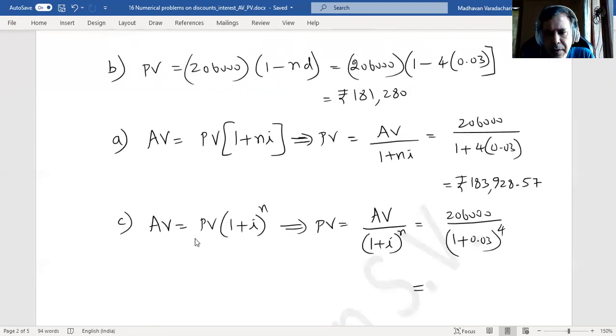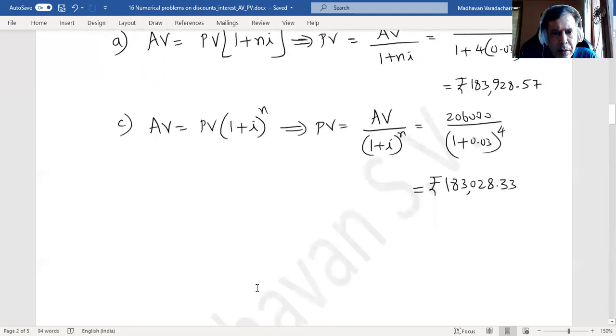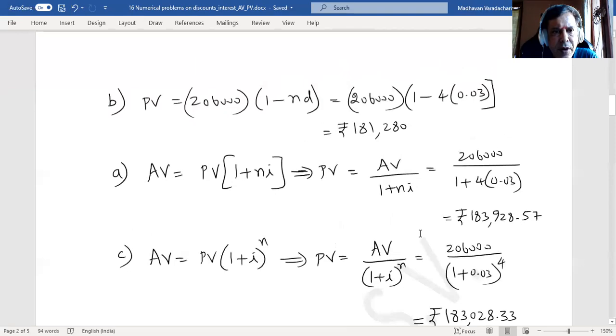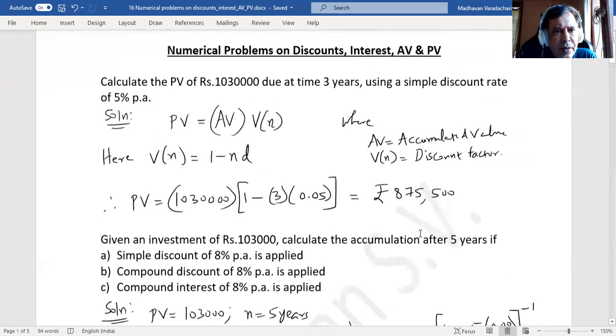We get rupees 183,028.33. That is the solution for that. So these are the solutions for these three different questions.